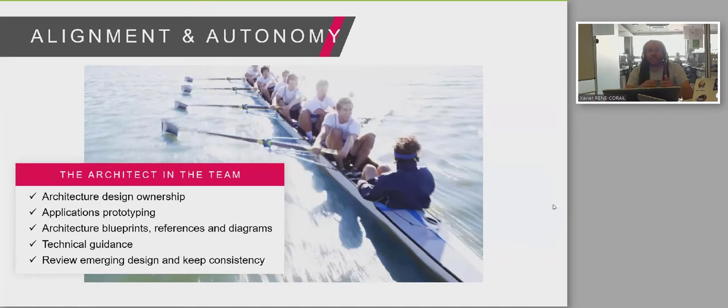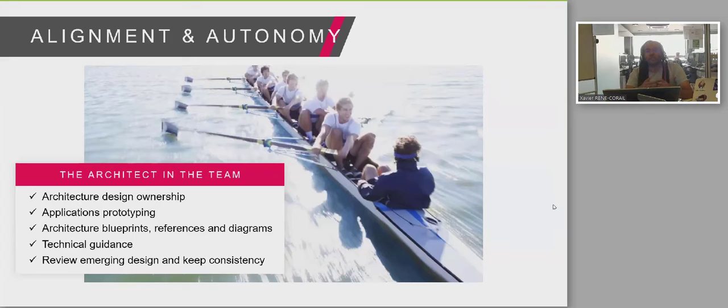And then he would let the design emerge from the team and regularly review this design to keep the consistency. So basically, you have the architect on board who is regularly doing this continuous loop of guiding, reviewing, adjusting, guiding, reviewing, adjusting.